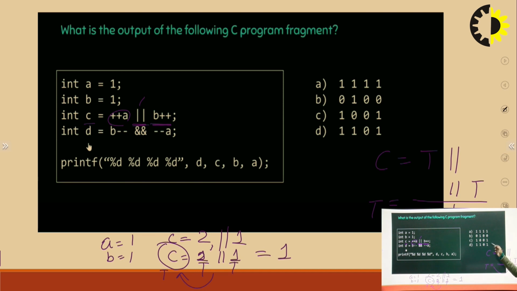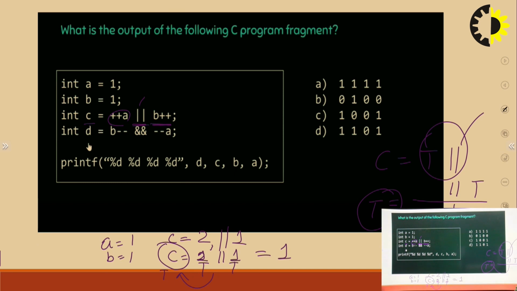Blindly you can put true, because this is logically true and it is a logical OR operator.